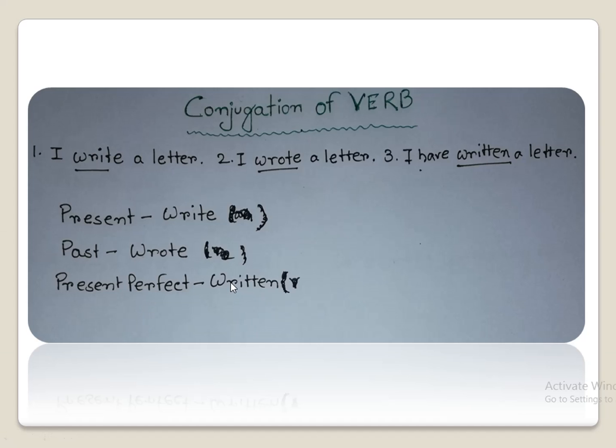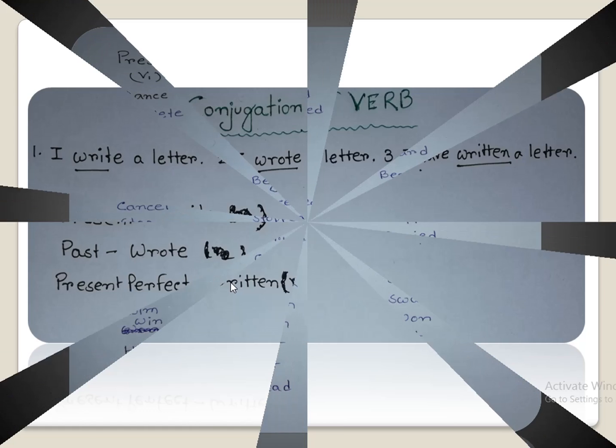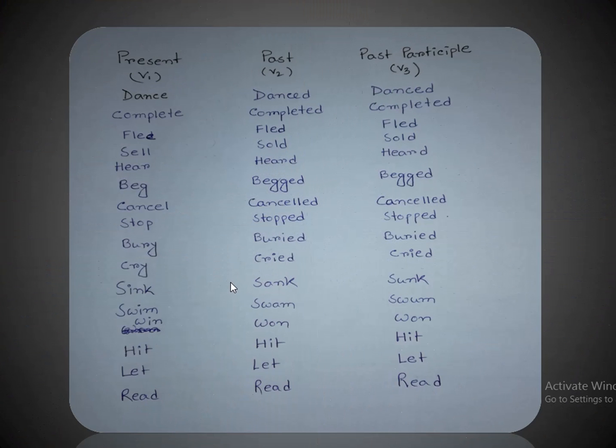So now let's go to the next chapter. There I have given numerous examples. So here, see, the first is present, second is past, and the third one is past participle.